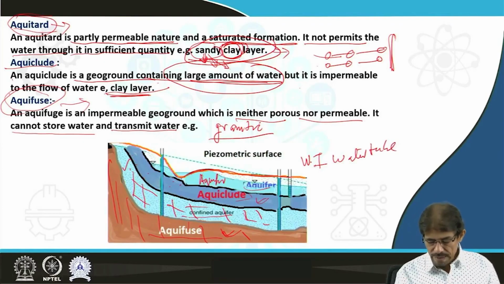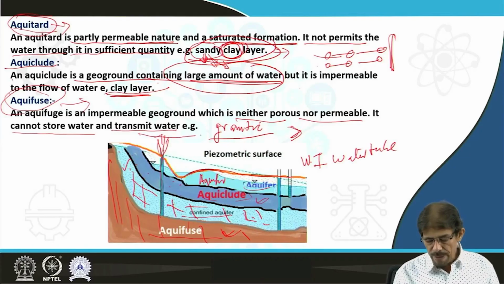This upper level, the water table, is not available in the case of a confined aquifer, because the water present in a confined aquifer is under pressure, and this pressure is far more than atmospheric pressure. Therefore, the water rises above the surface and comes out in the form of springs.